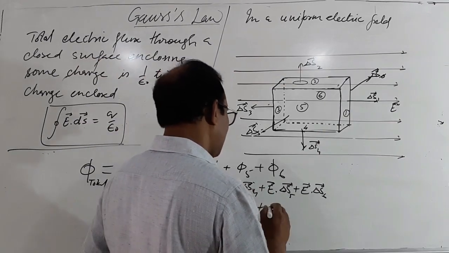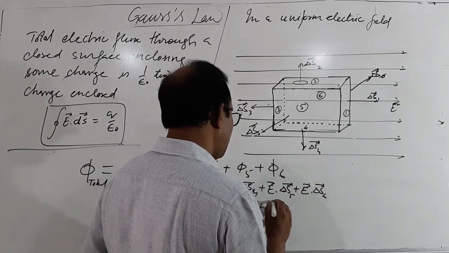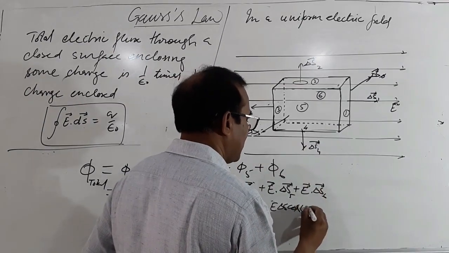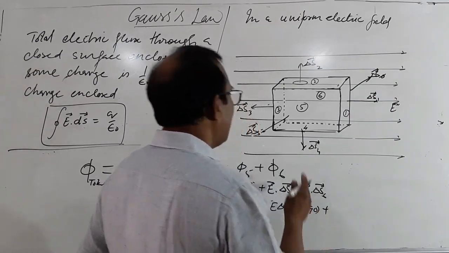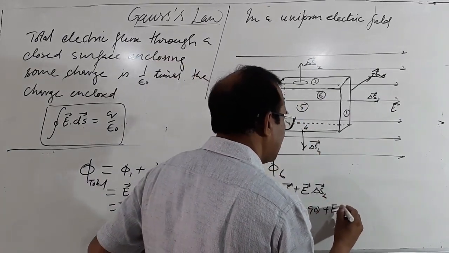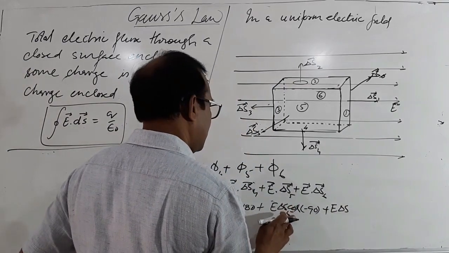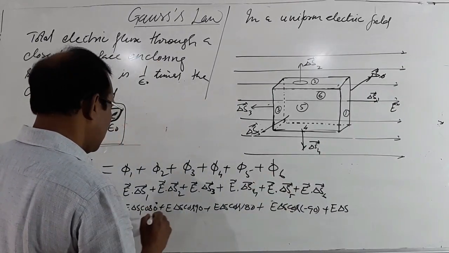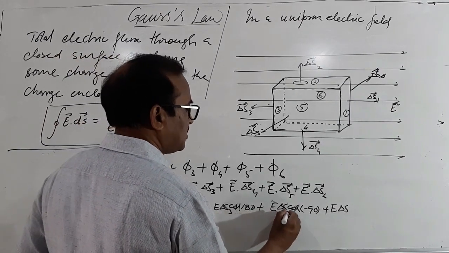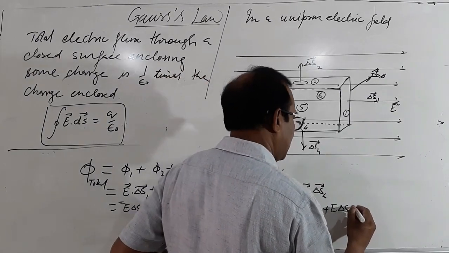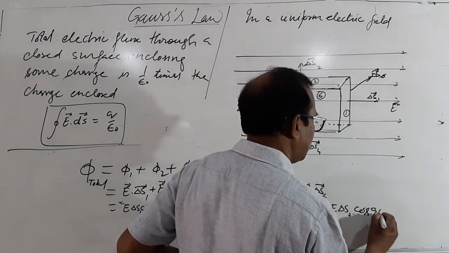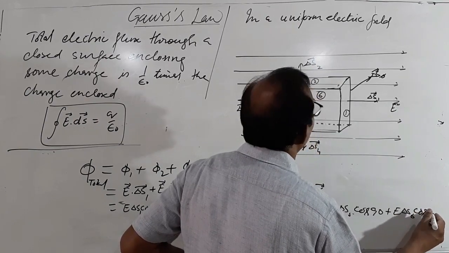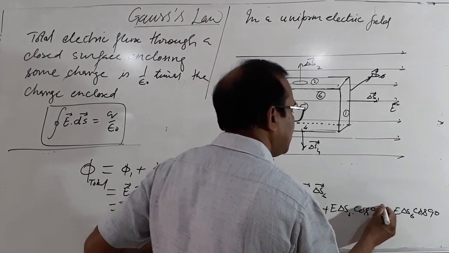Now go to 4, E delta S cos minus 90, and 5 here, E delta S5 cos 90, and plus E delta S6 cos 90 degrees.